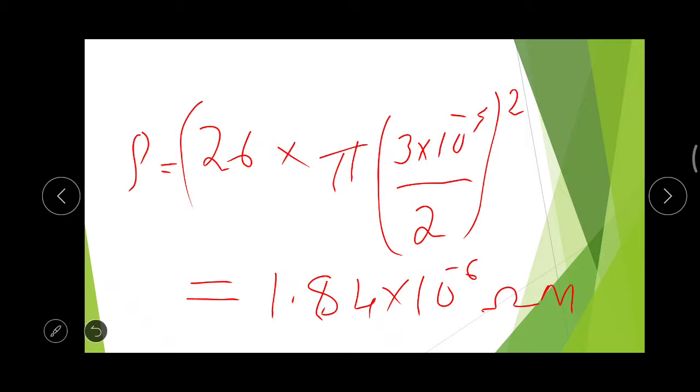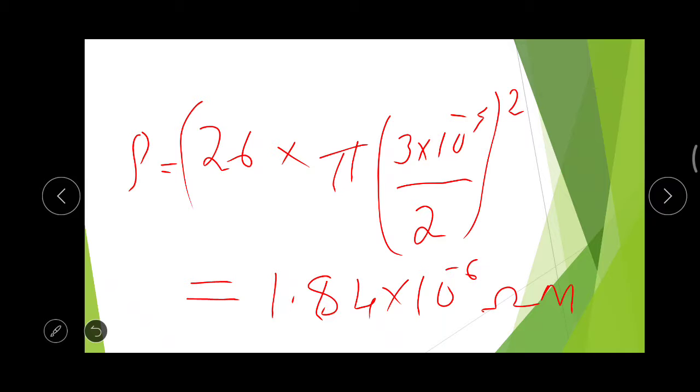So if you check the resistivity value of manganese, manganese has the resistivity value of 1.84 into 10 to the power minus 6 ohm meter.